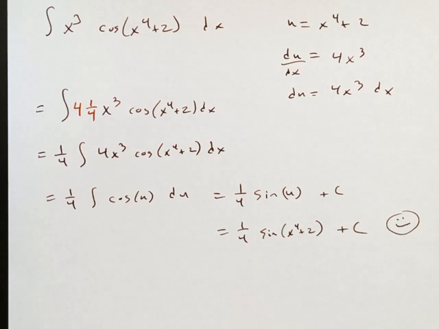One of the other difficult things to do in the method of substitution is finding that inside and outside part and making sure you have all the right bits available to you. So determining what should I use for u isn't always obvious.